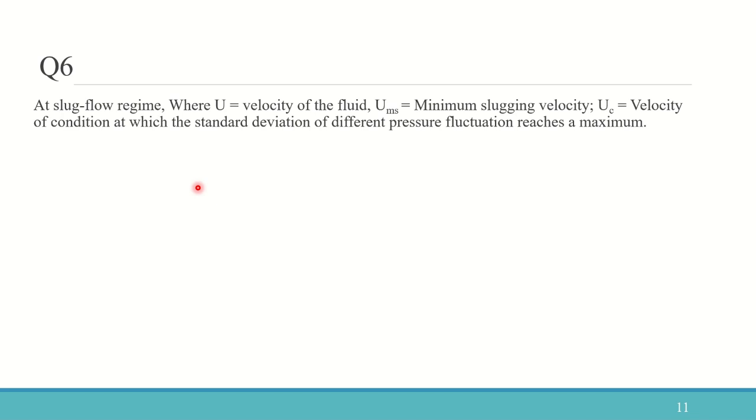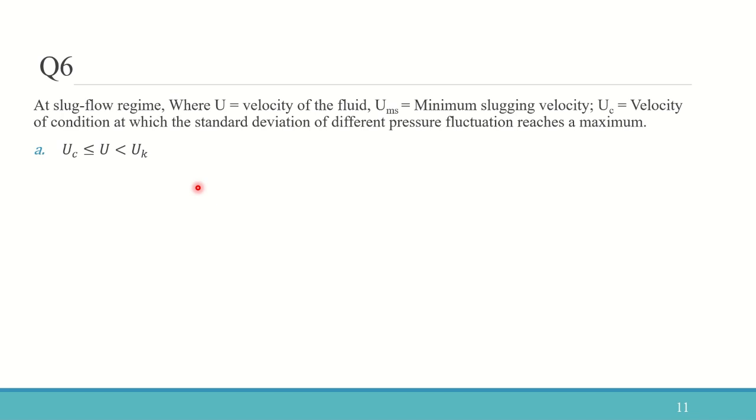So now we are to identify which is the condition for the particular slug flow regime. In slug flow regime, the velocity would be greater than the minimum slugging velocity. So UMS is less than U, that is the velocity of the fluid.